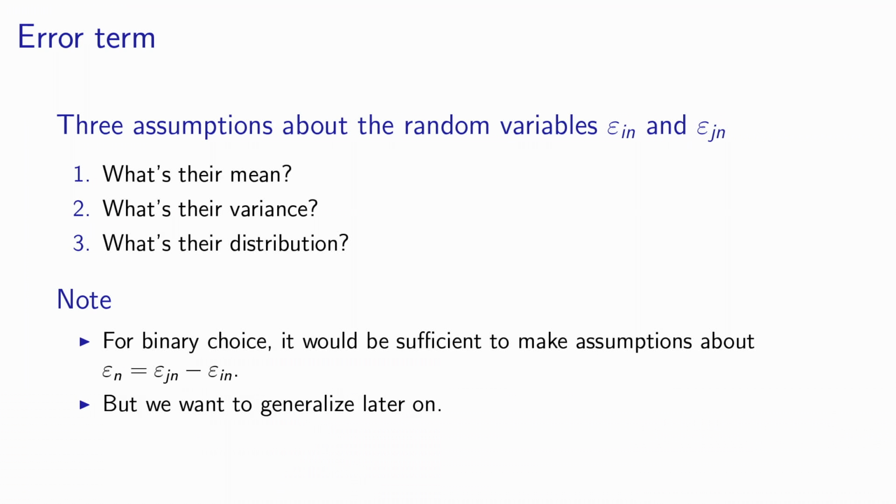But because we would like to generalize later on, and create a story that is easily extended to the more general case of multiple alternatives within a choice set, we're going to make assumptions on each epsilon variable, epsilon in and epsilon jn.